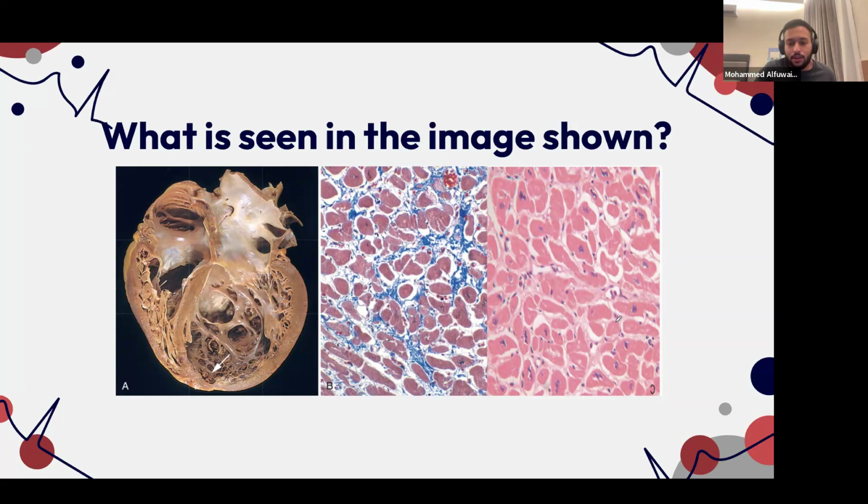Now, what can you see? What is this appearance? What can we call this nucleus? Ninja star. Good. Now, the issue with dilated cardiomyopathy is failure of diastole or systole. What type of heart failure can develop? Systolic or diastolic?